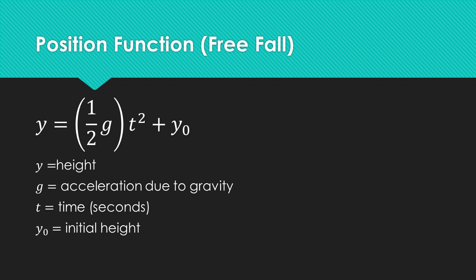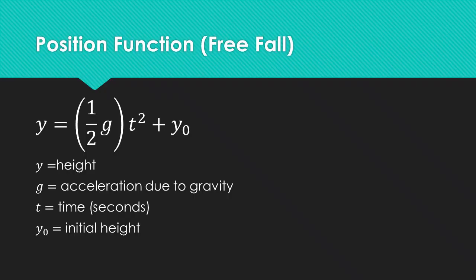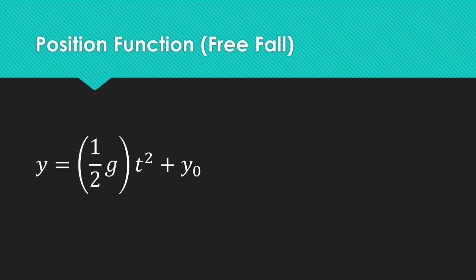If the measurements are in something different, say feet, then there's a different figure: negative 32 feet per second squared. So the negative 10 we'll use is for measurements in meters. This is the function, and I want to put it in function notation.